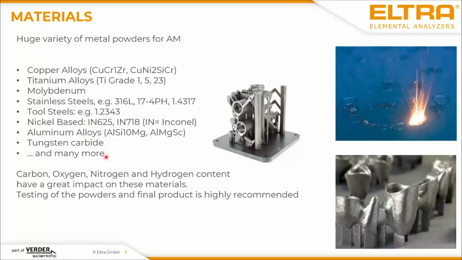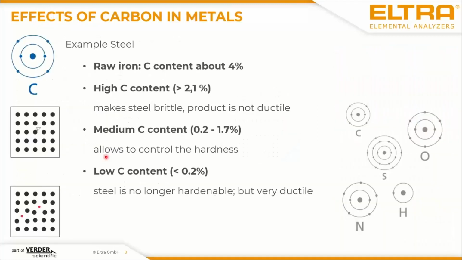The carbon, oxygen, nitrogen, and hydrogen content have great impact on those materials. Testing of powders and final products is highly recommended, and actually it's really necessary as a quality statement for the final product you receive.